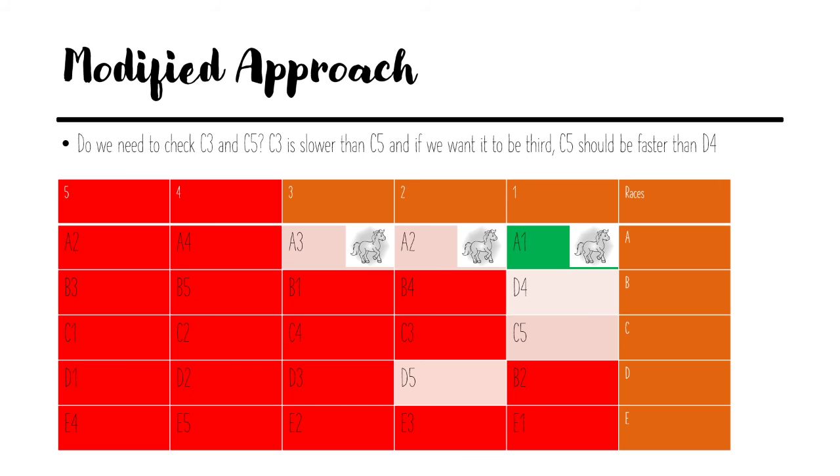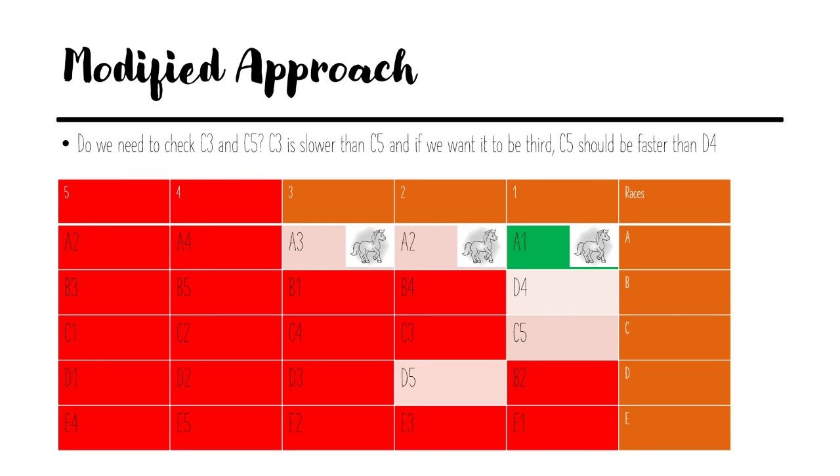Okay, the next step is C5. We know that C5 is a top 3 contender, right? We know that if we need a likely candidate, it's going to be among those. So yes, we can eliminate something. The difference here is C3.